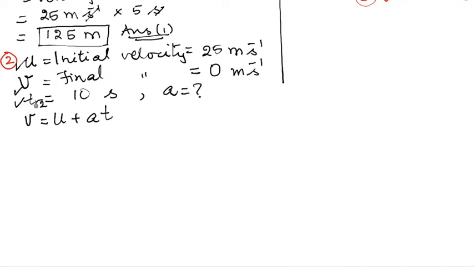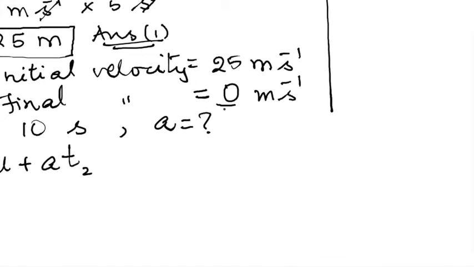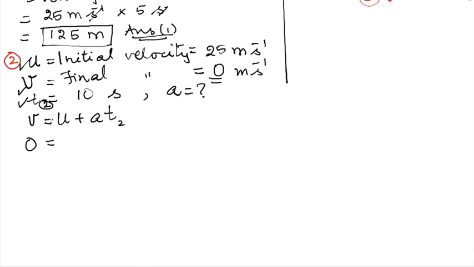Now we are going to consider this time, so I'll just write T2. What is our final velocity? 0. Can you see that here? Is equal to initial velocity is 25 plus A multiplied by T2. What is our T2? Just now we wrote over here. See here. What is it?